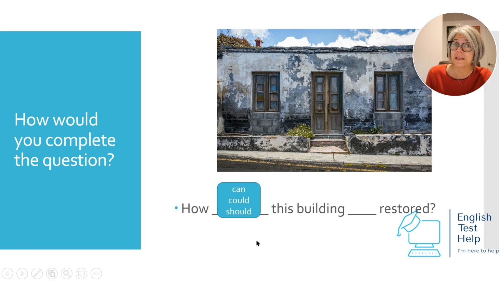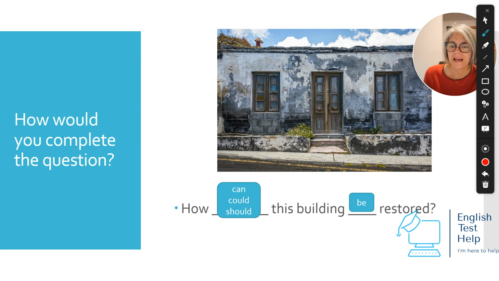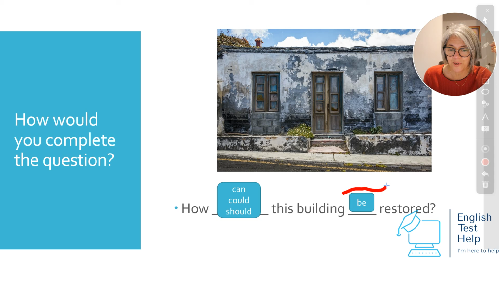How can this building be restored? Now, I'm not teaching passive voice in this lesson, but this one, be plus ed, is passive voice. You can use any of these depending on the situation.